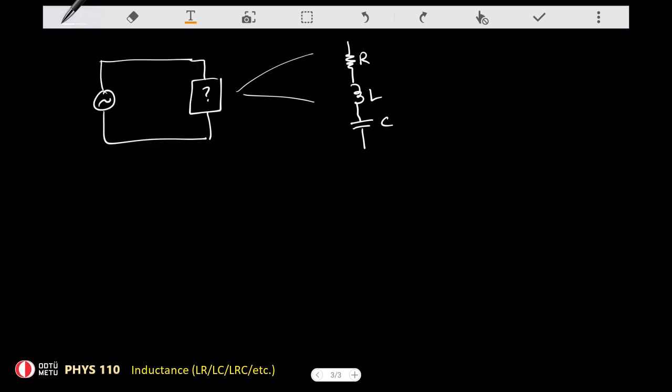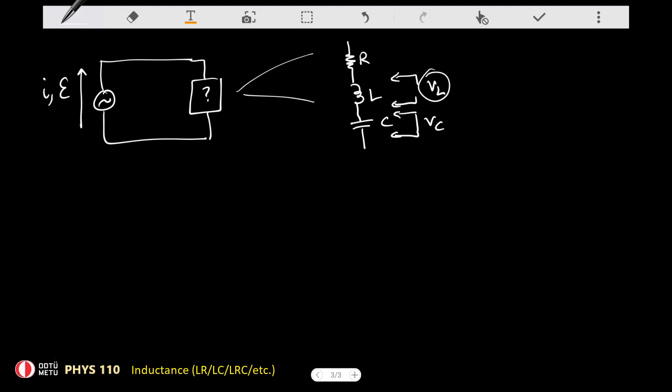In here, of course, we can talk about the EMF of the EMF device. We can also talk about the current in here. And we can perhaps talk about the potential drops on some circuit elements like the capacitor or the inductor and so on.